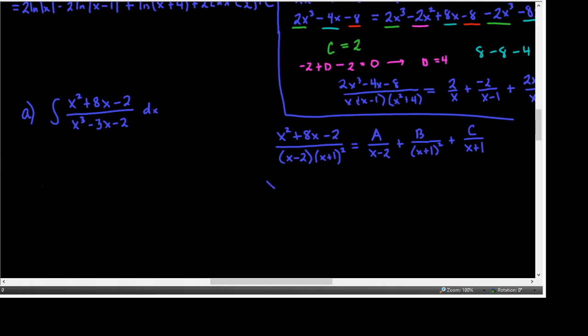Then multiplying both sides by the common denominator. The x minus 2 would cancel on the first fraction, leaving A times x plus 1 squared. The next one, the x plus 1 squared would cancel, leaving B times x minus 2.